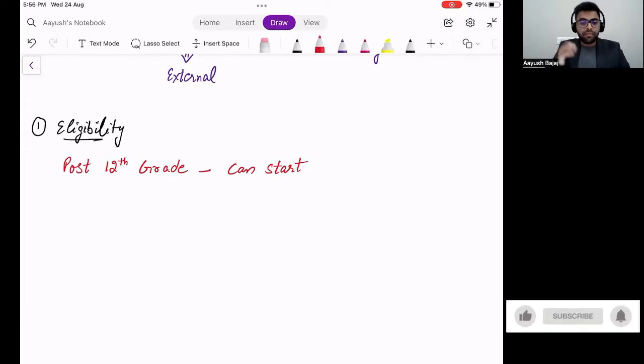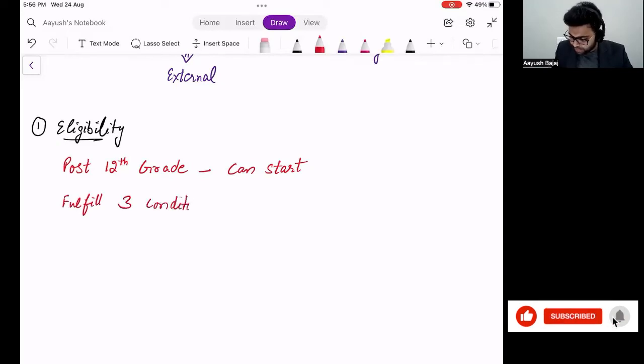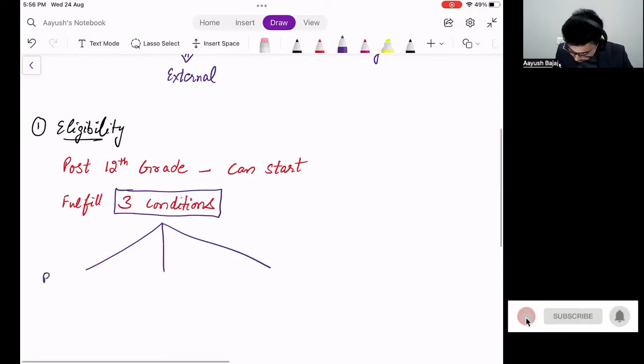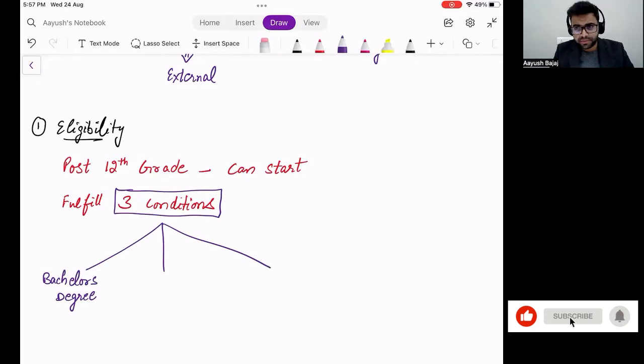And to become a CMA, you need to fulfill three conditions. Condition number one, you should have a bachelor's degree. That is important. So yes, you can start the journey and start studying for it, but to become a CMA, you have to fulfill these three conditions.